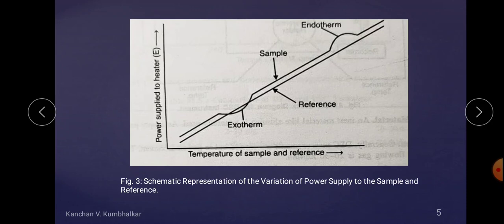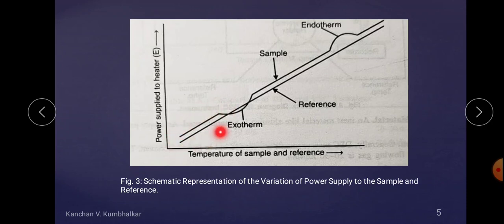But for the reference, we know that the reference compound is not affected by temperature. It is constant and inactive toward temperature. No kind of reaction occurs in the reference. But in the sample, reactions occur with respect to temperature. Hence, at various temperatures the sample behaves differently.